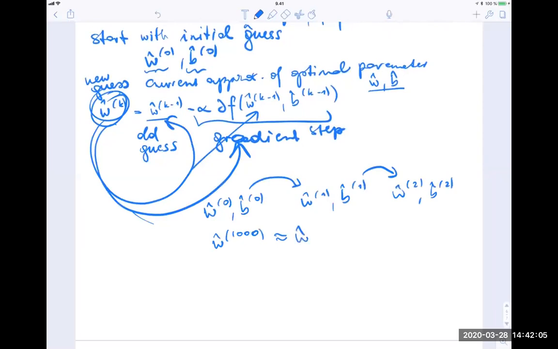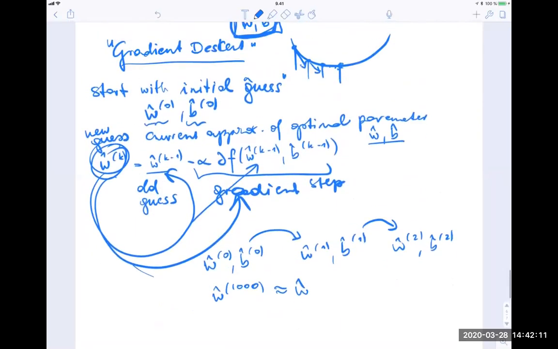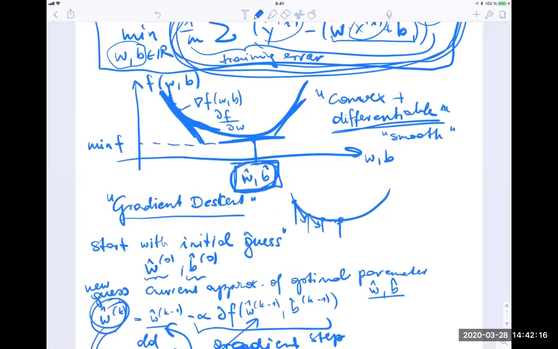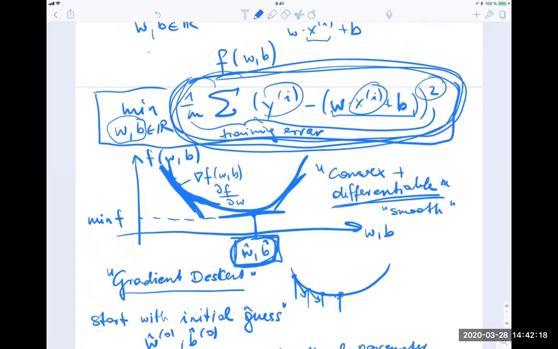It can be shown under certain conditions that it's a good approximation to the optimal weight. Okay. So we can compute the optimal weights easily for this loss function, which is convex and differentiable.